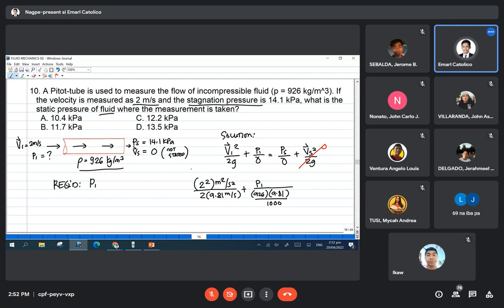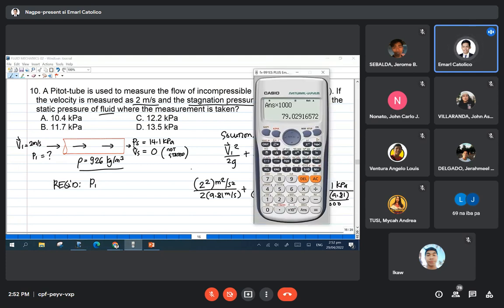Parang kilonewton per cubic meter. Yan. Is equal to PS, given pala, 14.1 kilonewton per meter squared or kPa na lang. Same lang din, 926, 9.81 over 1,000.